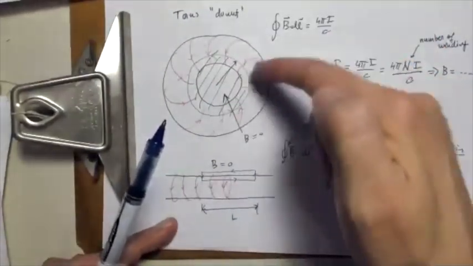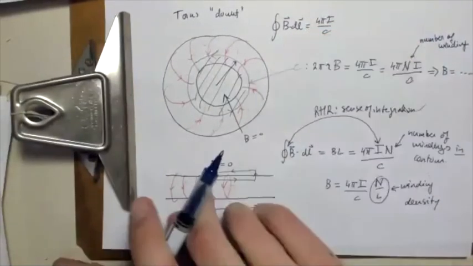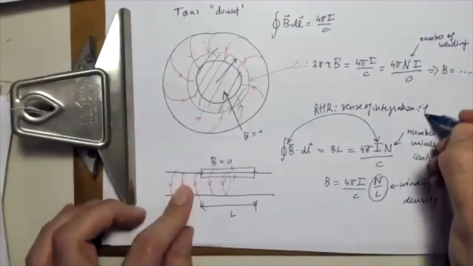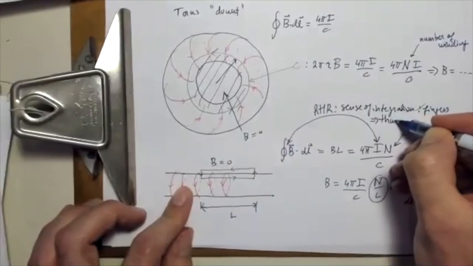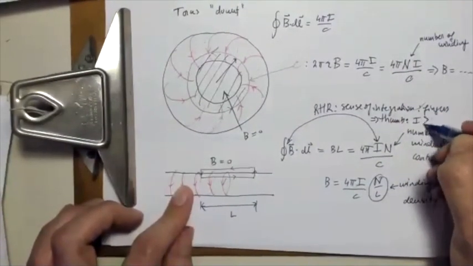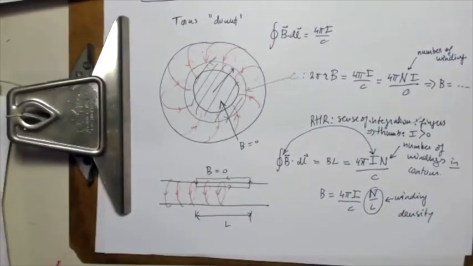So if you're integrating like this, then this is what the fingers of your right hand do. Then your thumb is indicating a positive current. Sense of integration are your fingers, and then your thumb is I greater than 0. So that's how we know which way the field goes.